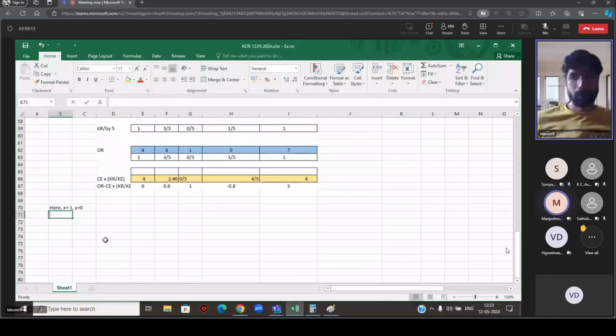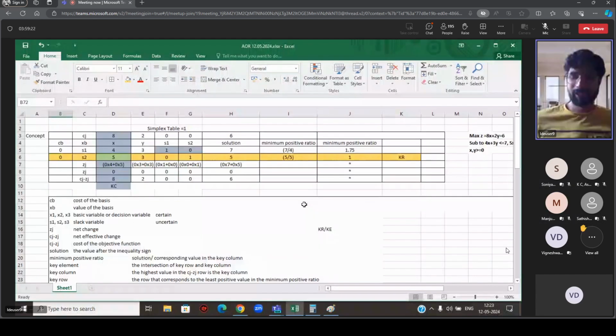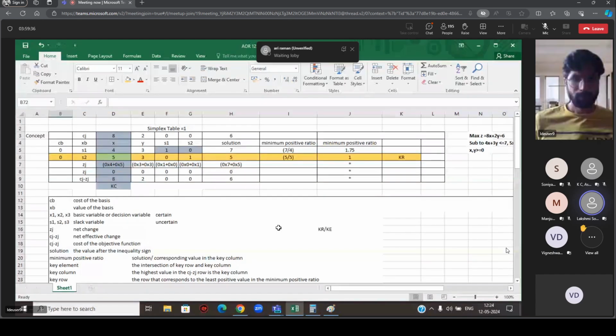Sir, a small doubt. For the x value, should we consider the Cj value that is corresponding to x, or the solution value, sir?